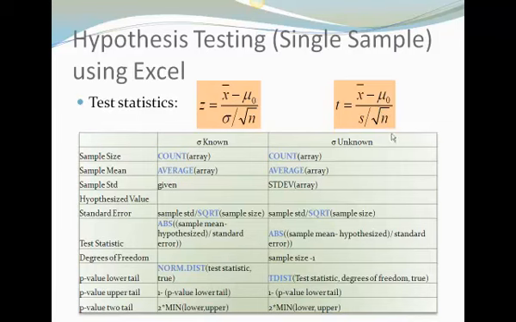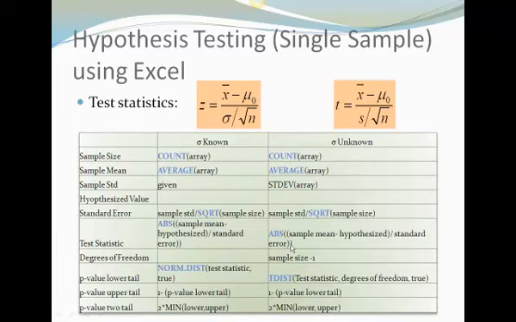The hypothesized value is the next thing. You just enter the hypothesized value. That's mu 0. Then standard error, that just says calculate the denominator of your t equation here. So standard deviation divided by the square root of the sample size. So STDEV divided by square root of that count variable that you calculated up there.